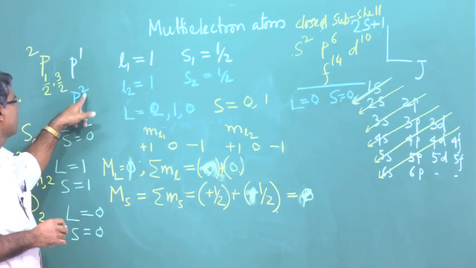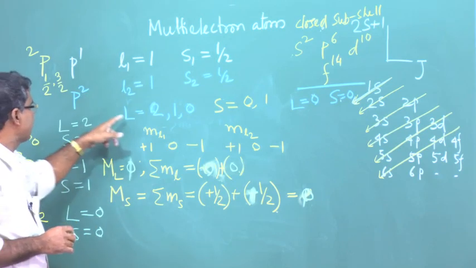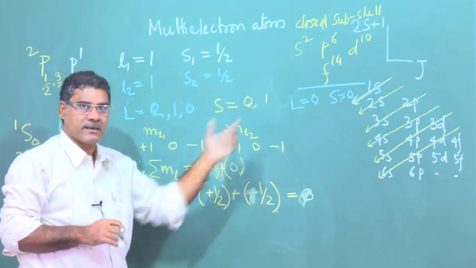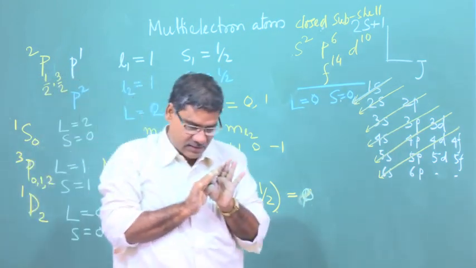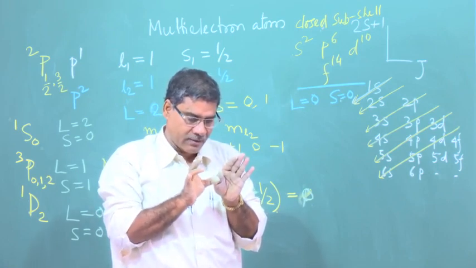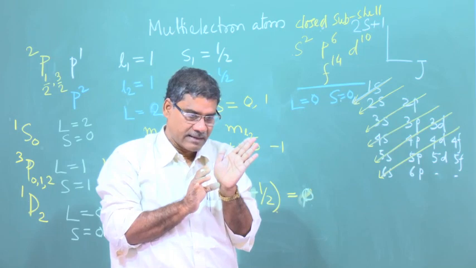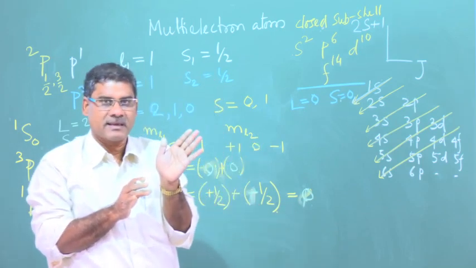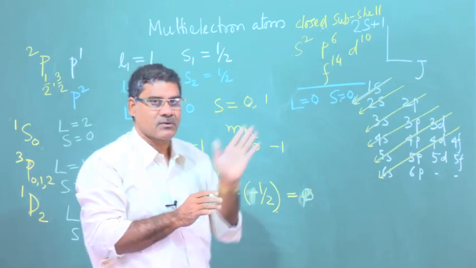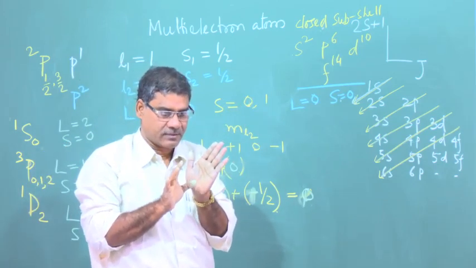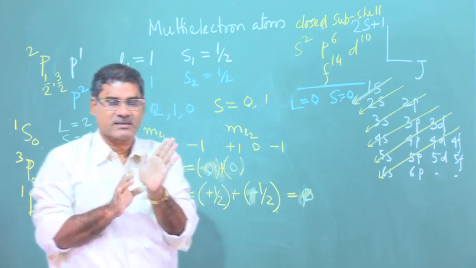So, for p2, I got the resultant capital L and resultant capital S from the 2 electrons, and capital J also one can get. Let us check for L only first.